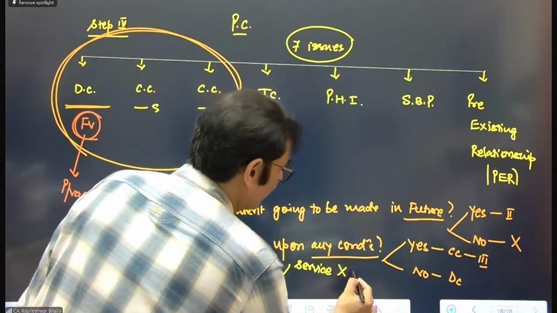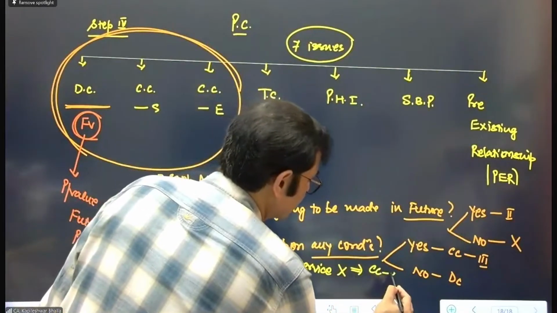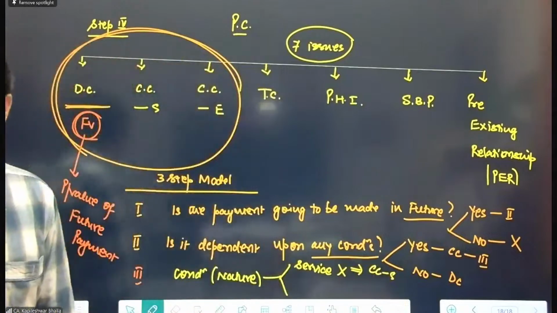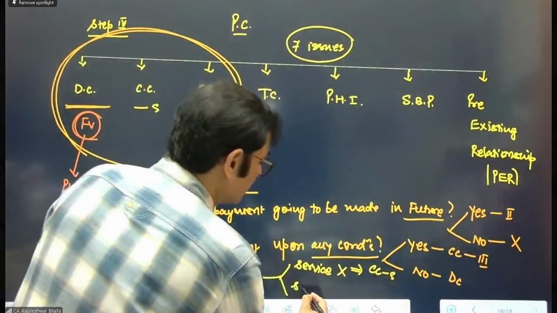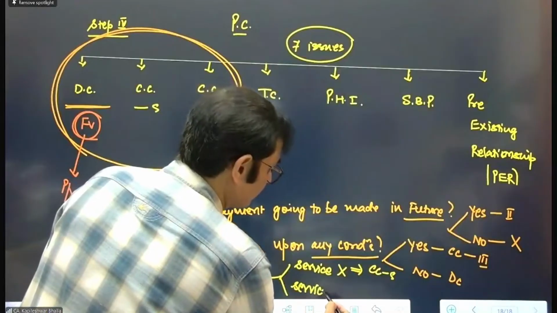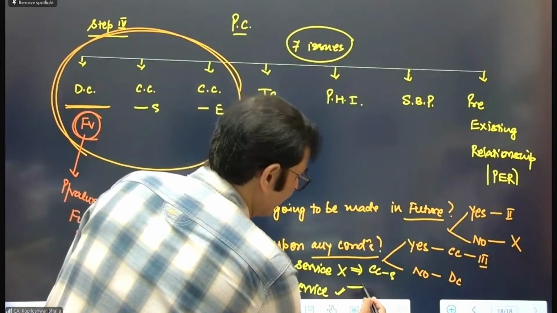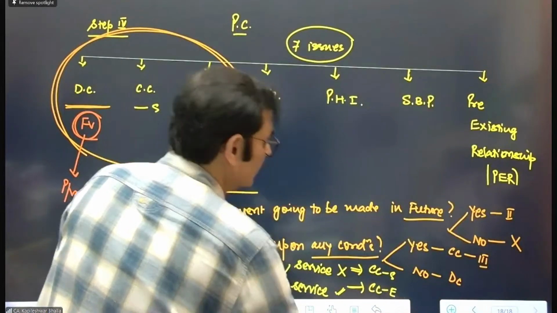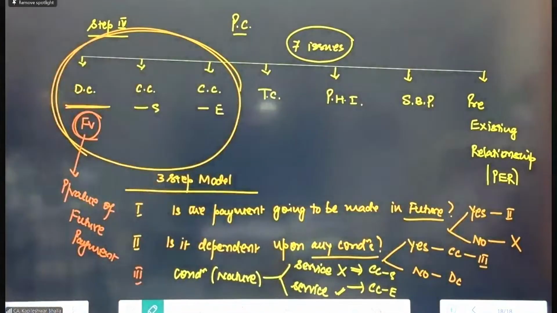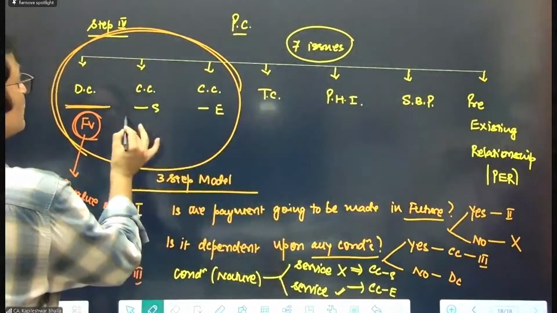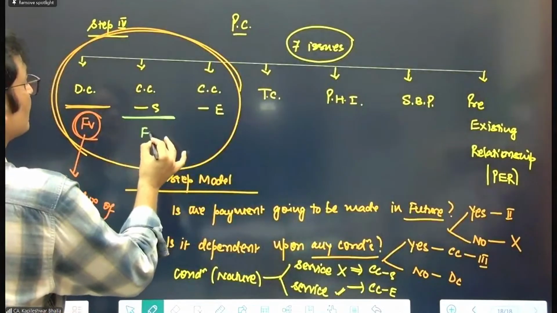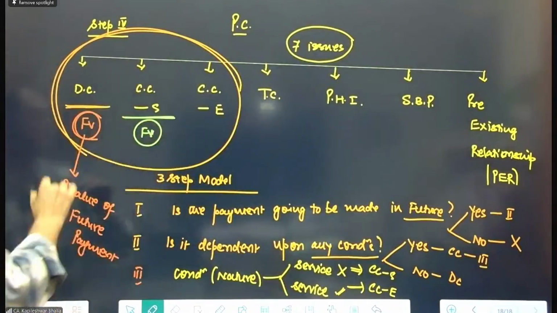If it is not requiring a service, it is CCS, contingent in the capacity of the shareholder. But if a service is required, then it is CCE, in the employee capacity. If it is in the nature of the shareholder's capacity, it's a part of the PC at a fair value.